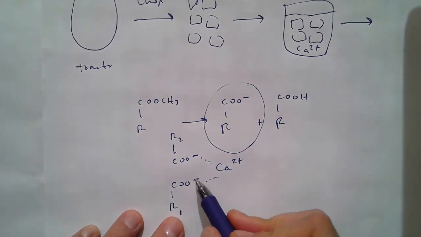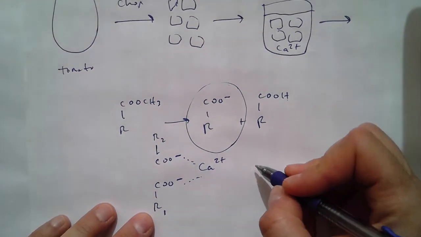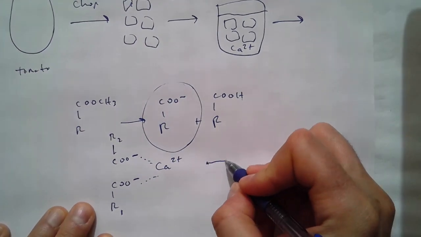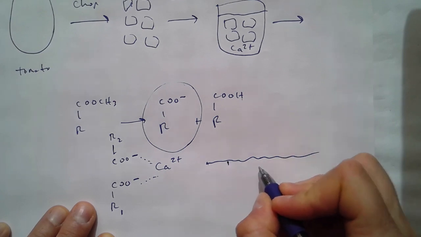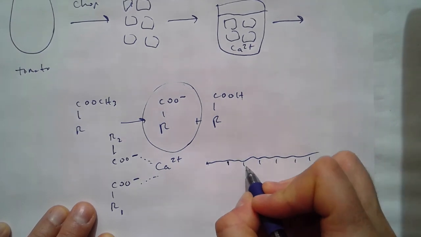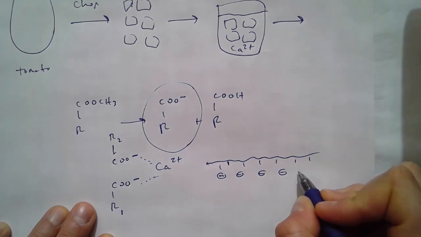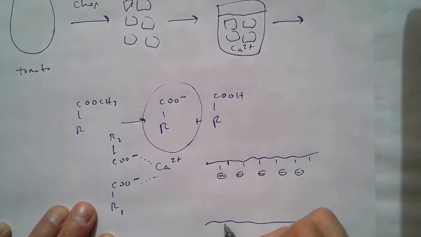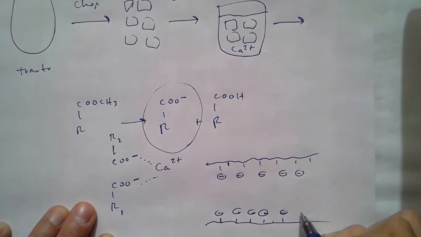Okay, so imagine you had this happening all over the system. If this is your pectin molecule, you're going to have these little sites of negative charge all over it. Here's another pectin molecule. This is a very simplified schematic of this.